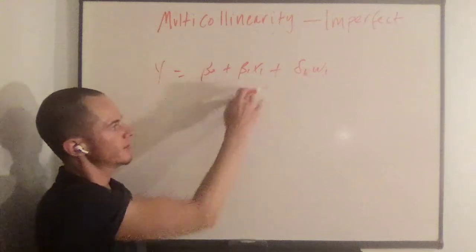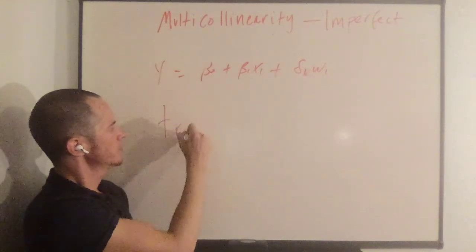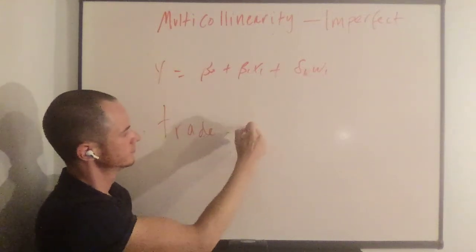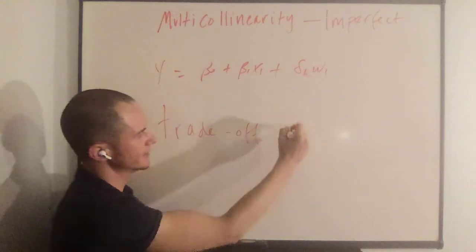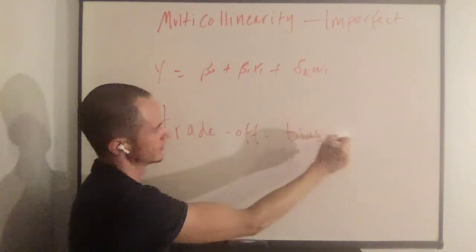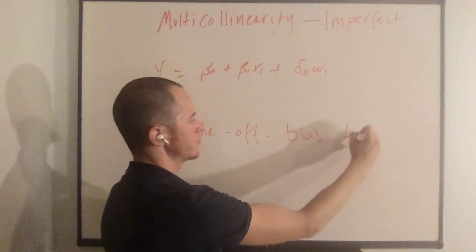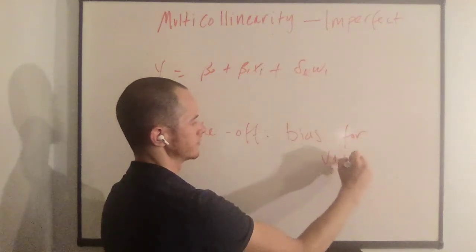So then when we think about x1, we have to evaluate a trade-off. And the trade-off is bias for variance inflation.